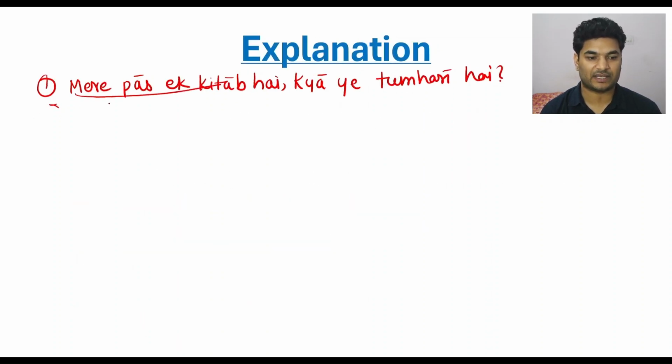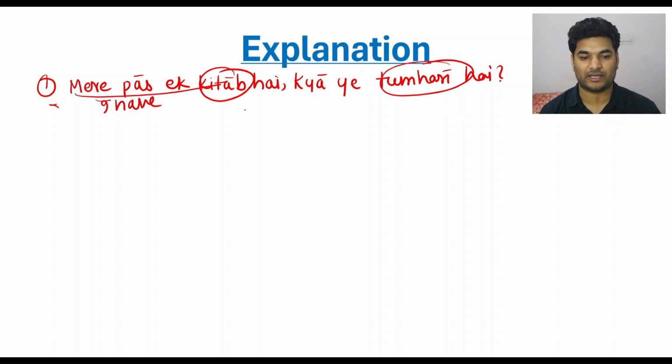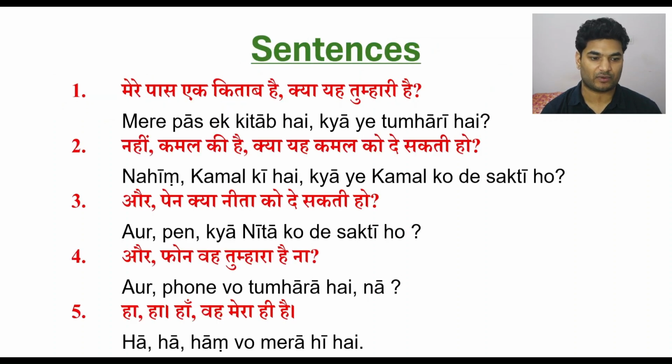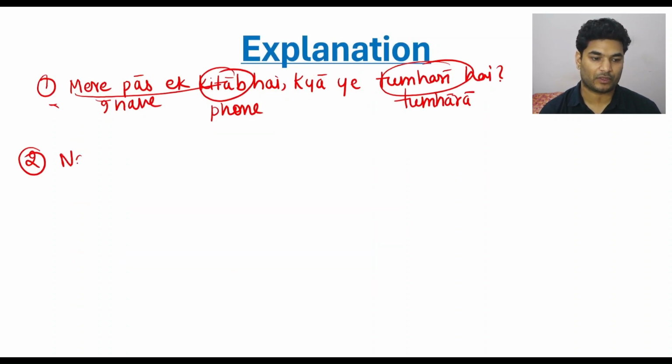Is it yours? मेरे पास एक किताब है. मेरे पास, I have. किताब is feminine, that's why तुम्हारी. Or a phone will be तुम्हारा. मेरे पास एक फ़ोन है. क्या ये तुम्हारा है? Is it yours? And Rita responds, नहीं. No. कमल की है.